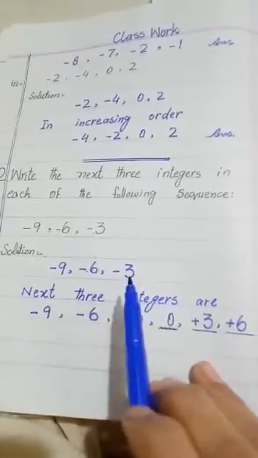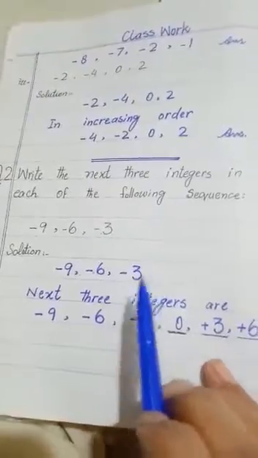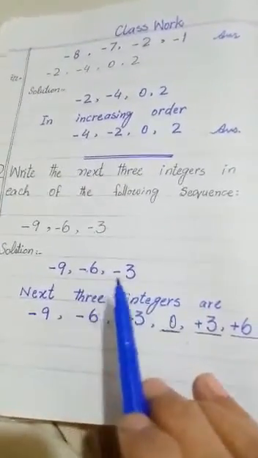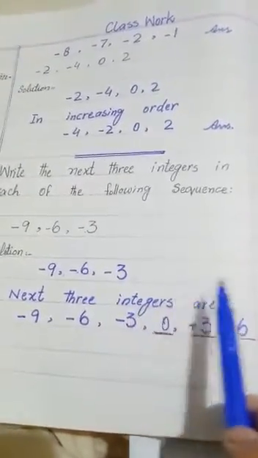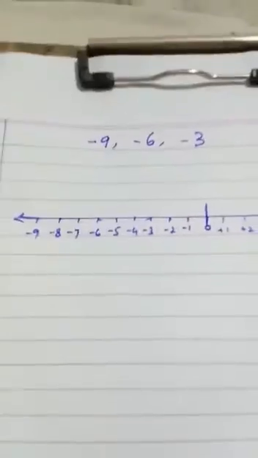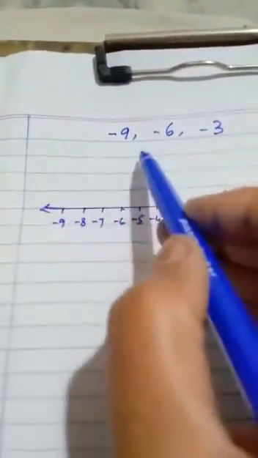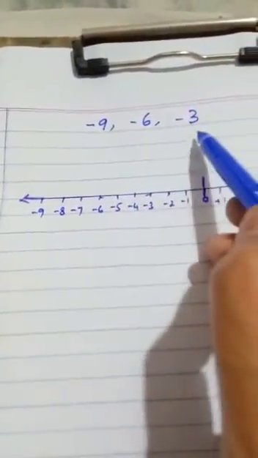The number decreases, but with the sign the value increases. Now we have to move towards 0 or the positive direction of the number line.